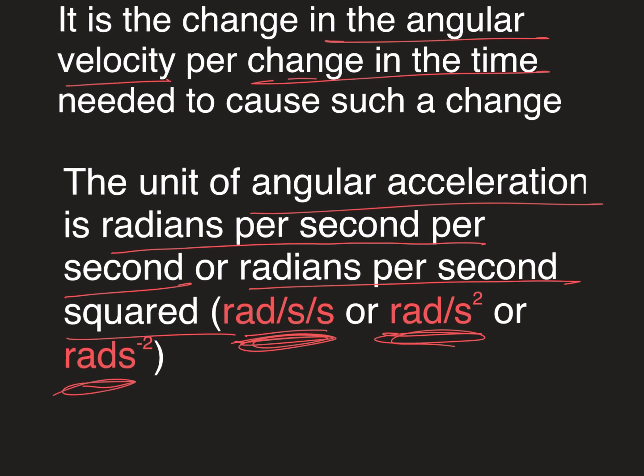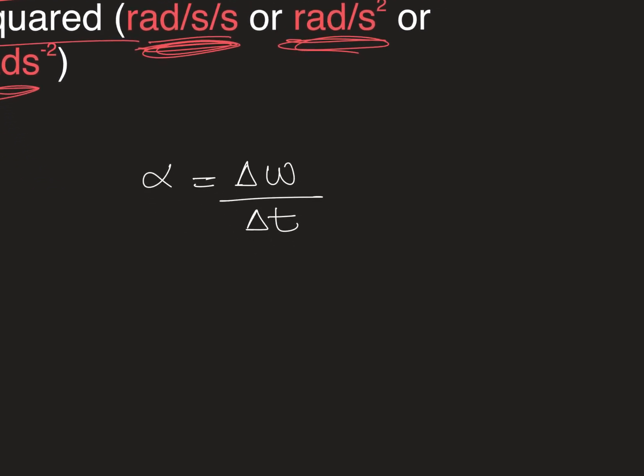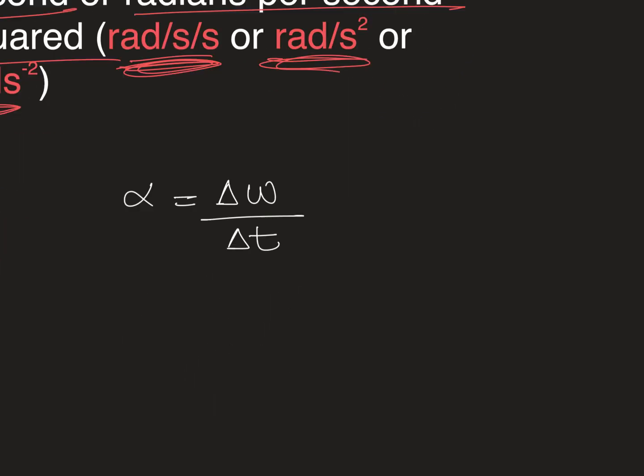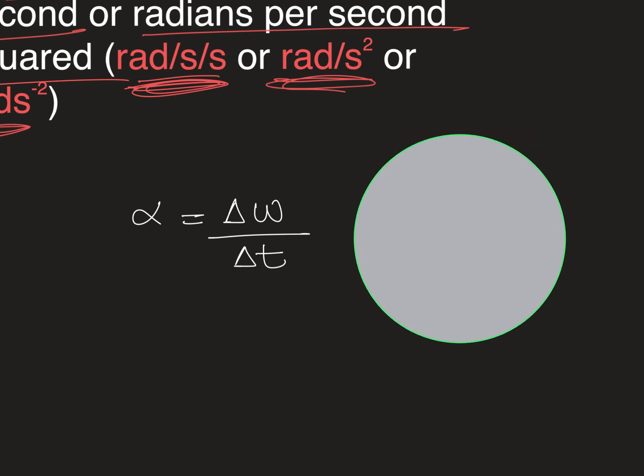Now, by definition, angular acceleration is represented with the symbol alpha. We said it is equal to the change in the angular velocity divided by the change in time. So if the object is changing its angular velocity, let's say we have a diagram like this. This is the initial position of the body here, and this is the final position of the body.